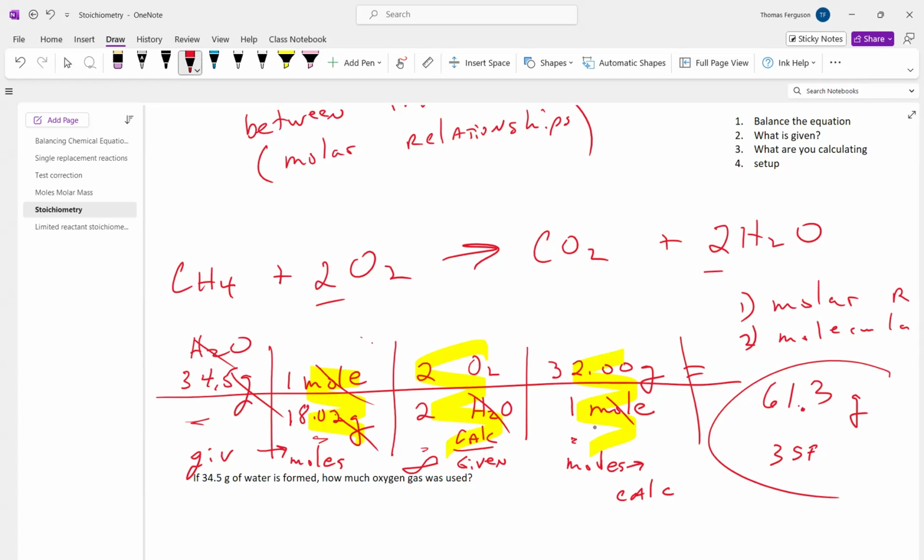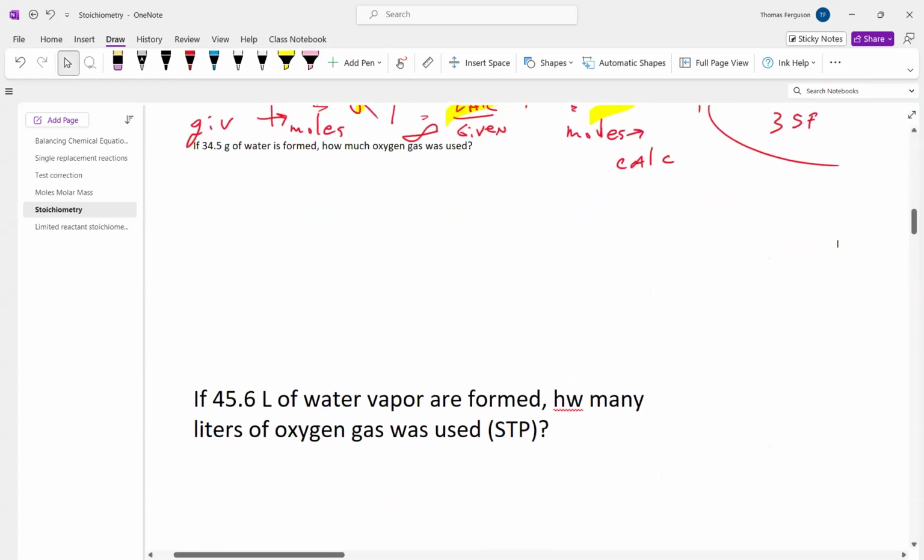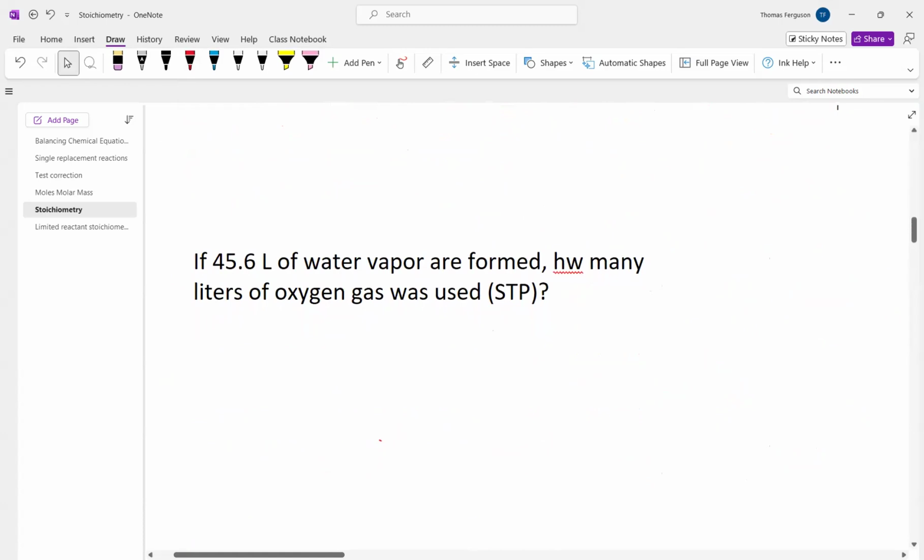Okay, so let's do a lot of these now. We have 45.6 liters of water vapor formed. How many liters of oxygen gas was used? This is all at STP, of course. We're using the same balanced equation, so let's write this right here.